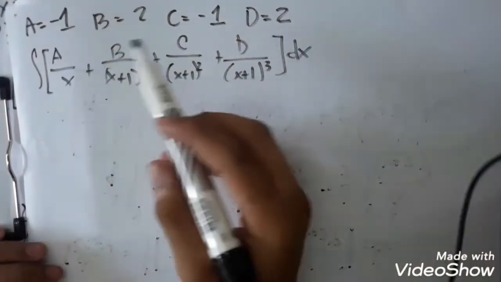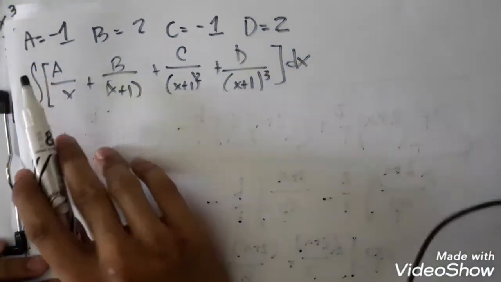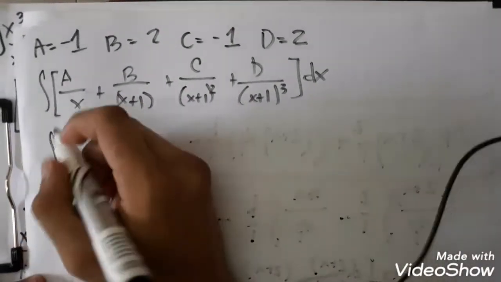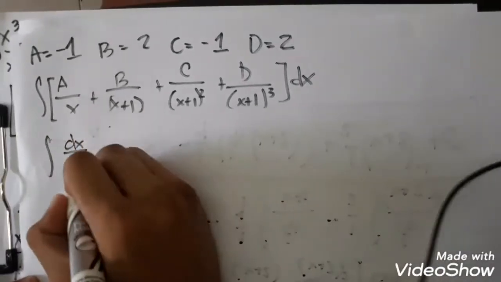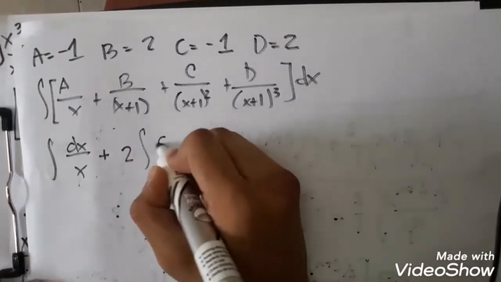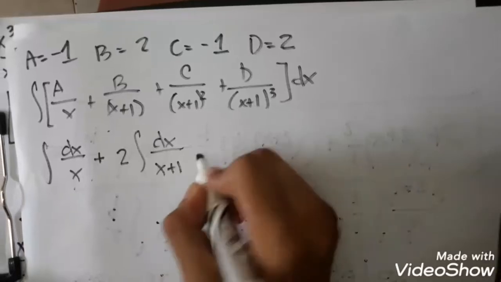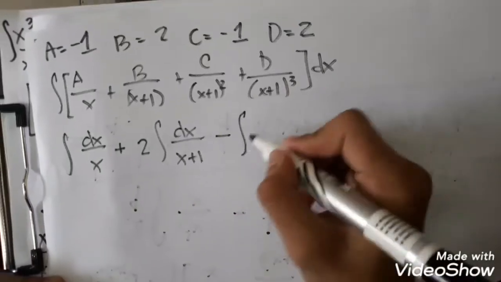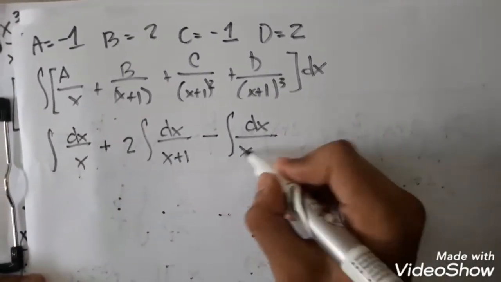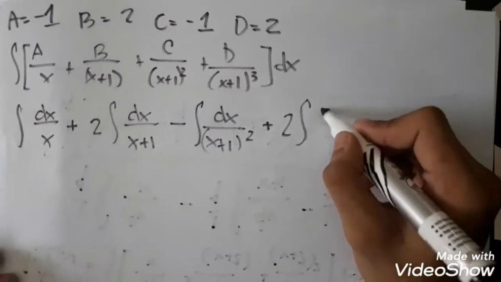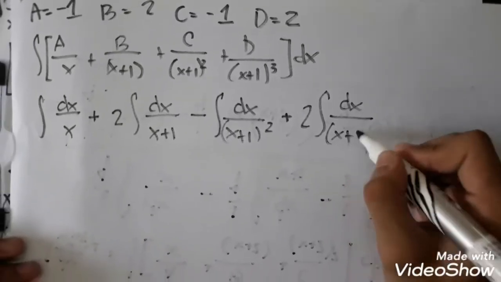Now that we have the values for a, b, c, and d, we can already substitute these directly into our equation, which will make us have integral of dx over x plus 2 integral dx over x plus 1 and minus, since c is equal to negative 1, integral of dx over x plus 1 quantity squared plus 2 integral of dx over x plus 1 cubed.